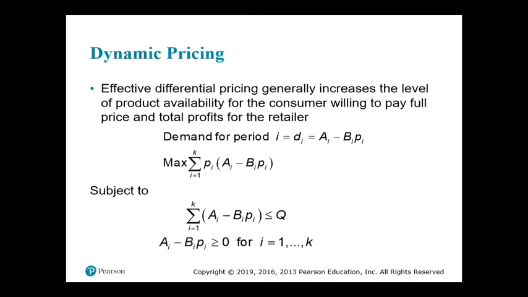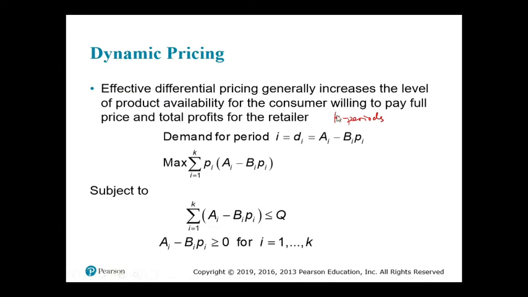Then we will have a very similar expression or model for dynamic pricing as differentiated pricing. So before we had different segments, K segments. Now we have basically K periods in the selling season.